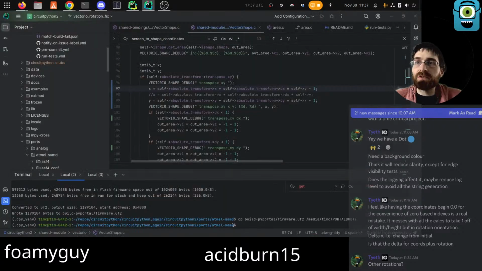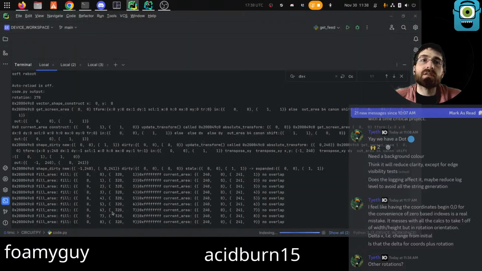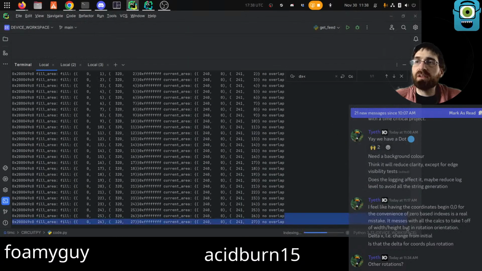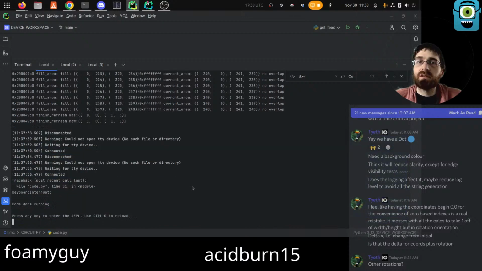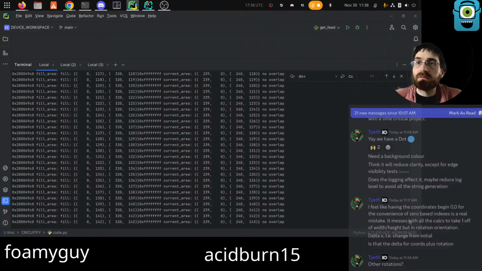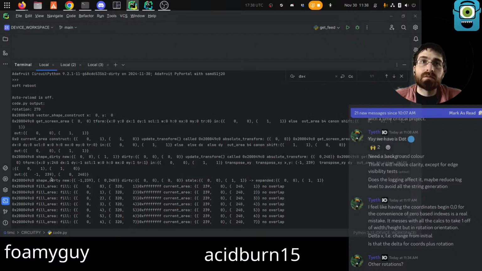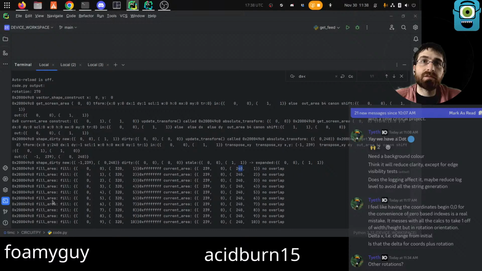That's weird. This returned way before the thing was done. It was still blinking and everything. It hadn't reconnected. Okay, this looks correct now, but we also still don't have a fill area fill.